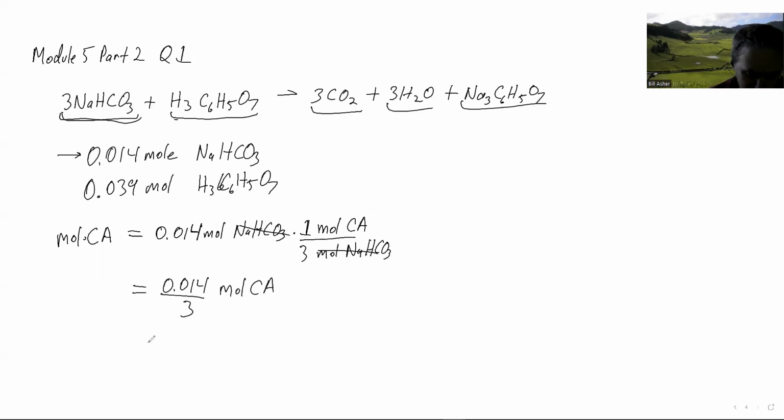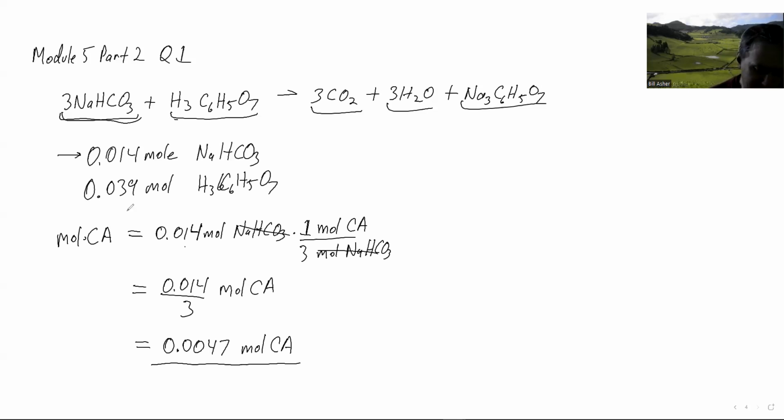So 0.014 divided by 3 is going to equal 0.0047 moles of citric acid. So this is the maximum amount of citric acid I can react with 0.014 moles of bicarbonate, right?